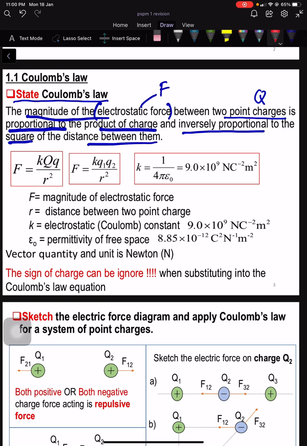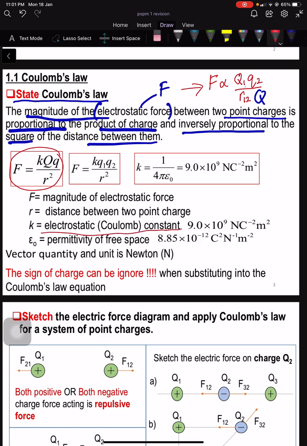So F is directly proportional to the point charges Q1, Q2 and inversely proportional to the distance between them. The distance between these two charges is R12. Mathematically, we can rewrite this relation as F equals K Q Q over R squared, because K is the electrostatic Coulomb constant.